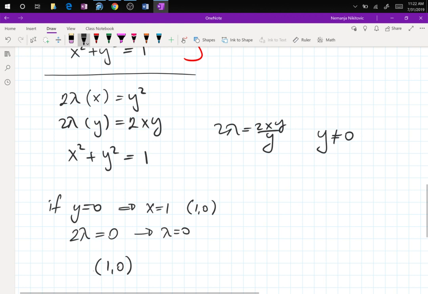Okay, so we'll keep that one because (1, 0) works in all equations. Because if lambda works out to be 0, let me just check one thing.